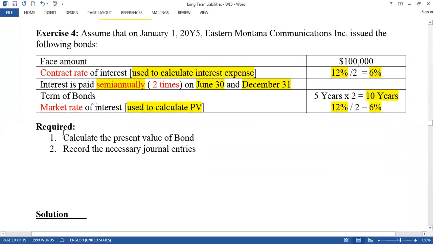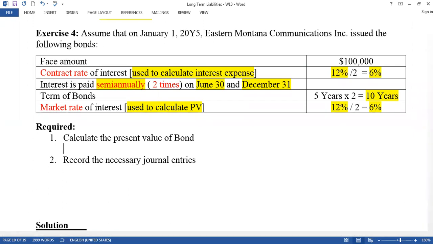Now the question says to calculate the present value of the bond. Here we have a formula: the present value of the face amount plus the present value of the interest.